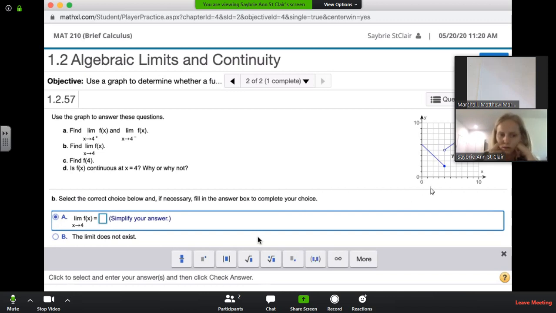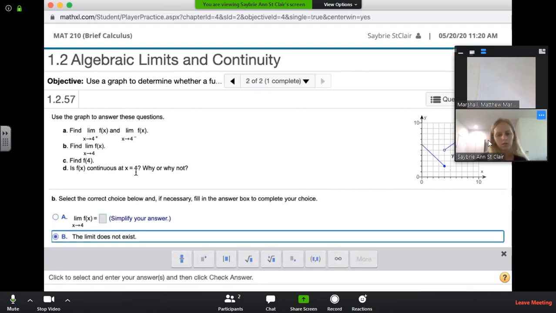The only way for that positive 4 without a symbol to have a limit is if there was no gap, if that graph just looked like a solid V. I don't know if that makes sense. But because there's a gap right there, this definitely does not exist. Approaching from the left gave you 2, approaching from the right gave you 5. Those numbers don't match up, no limit at the plain old 4. And again, that video, he explains that much better than I did.